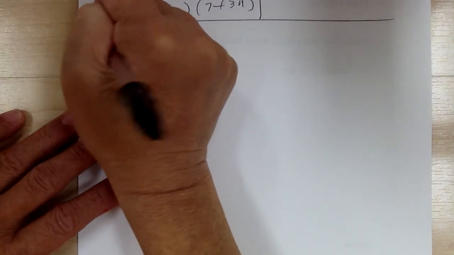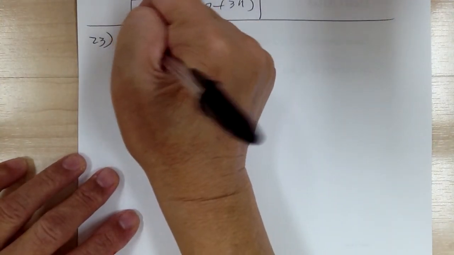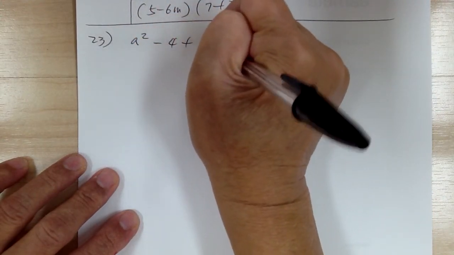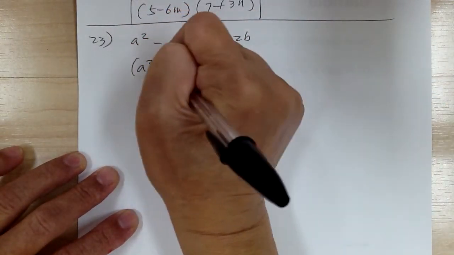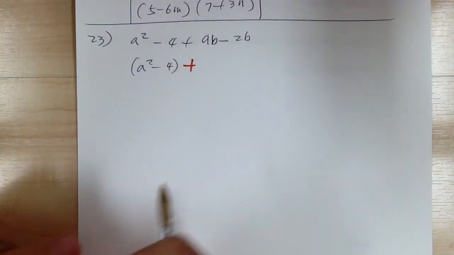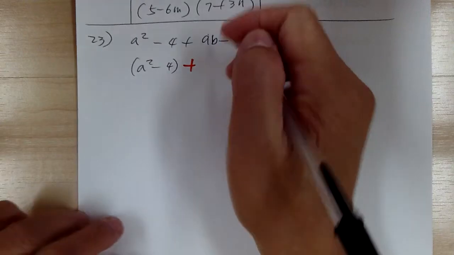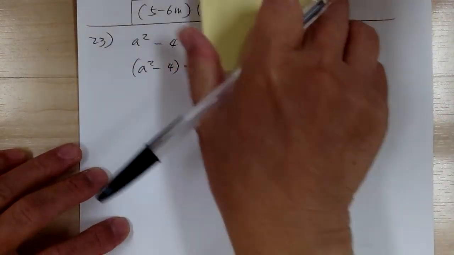Okay, 23. You got a squared minus 4 plus ab minus 2b. So group them. ab minus 2b, the first half.